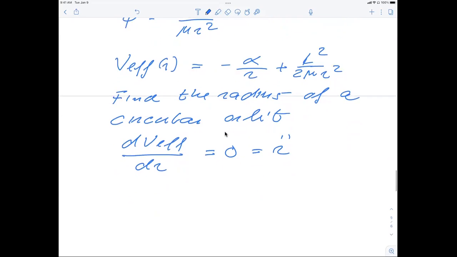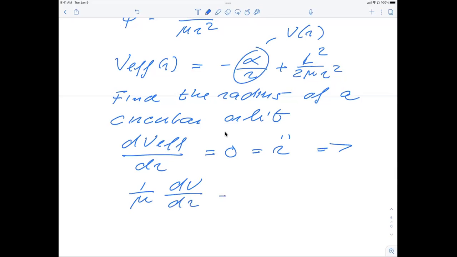We found also that the angular acceleration is equal to 0. And that's why angular momentum is conserved. So what we have then is simply an equation which goes like 1 over mu of the derivative of the potential, V of r, d dr, and that's going to be equal to r times phi dot squared.